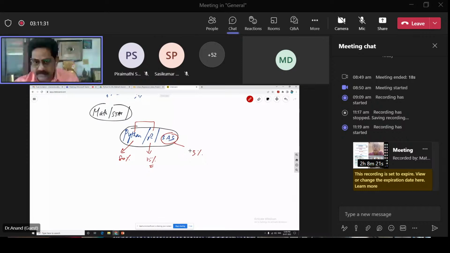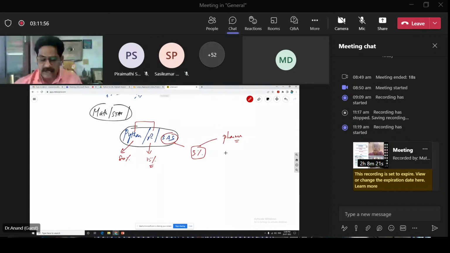This 5% I was talking about, the SAS tool is used mainly by pharmaceutical companies, clinical research, pharma industries. But the trend is slowly changing. This was the situation 5 years before. Now the trend is changing. Earlier, the pharmaceutical companies did the data analysis on experimentation of the new drug.